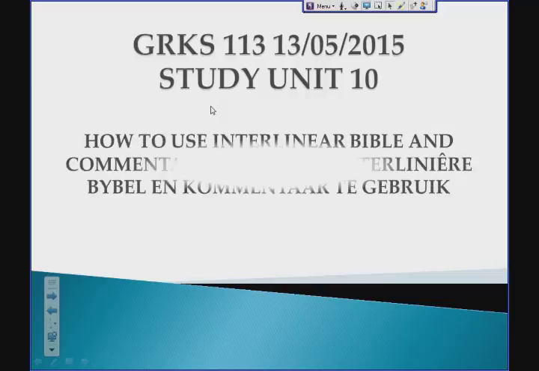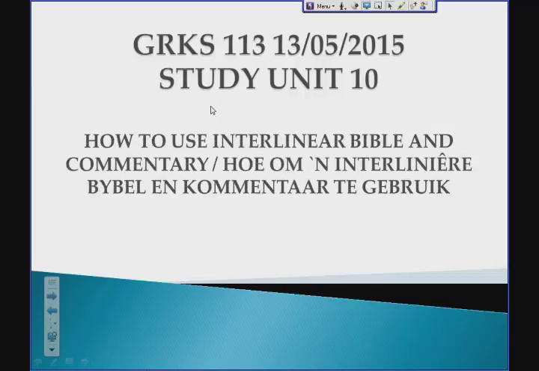Today we are in study unit 11. Sorry, there's not study unit 10, but study unit 11. The theme: how to use interlinear Bible and commentaries. Well, the theme itself sounds very stupid, but this is my recommendation: when you want to deal with a language like Greek, more especially in this module 113, you will definitely need help from the interlinear Bibles and also commentaries.